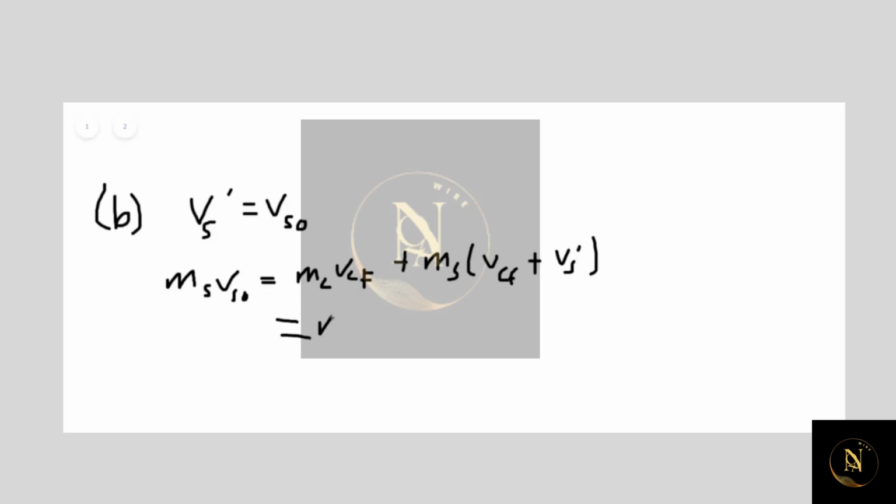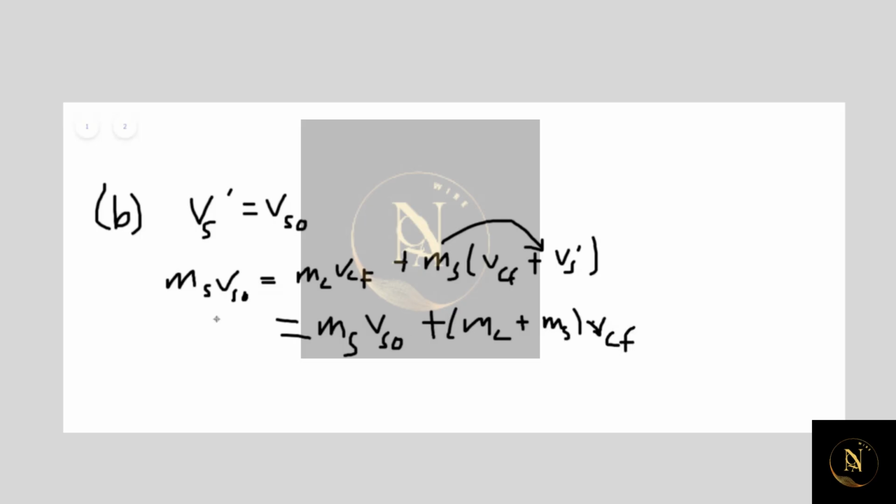Okay, well, we can simplify this. Since we said that V S prime is equal to the initial velocity of the sumo wrestler, this is M sub S times V sub S 0 equals M sub S times V sub S 0 plus M sub C plus M sub S, and both of those are multiplied by the final velocity of the railroad car, which is what we're trying to calculate.